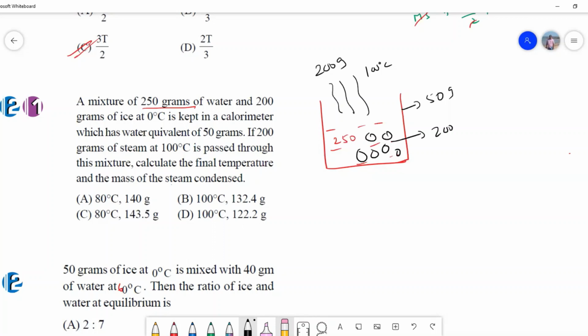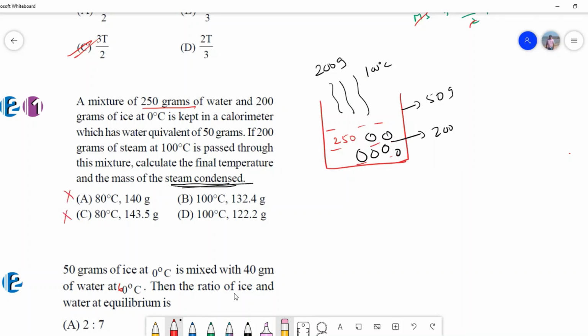Whenever they say that uncondensed steam is left, it means this will contain water and steam. We all know that water and steam exist together only at 100 degrees centigrade. So the answer will be 100. The resultant temperature will be 100 degrees centigrade. So that you should understand, A and C cannot be the answer.